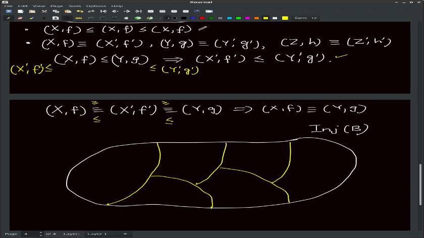What happens? If you take any two elements over here, they are equivalent, right? But there can be an element here which, I don't know, may not be always related.